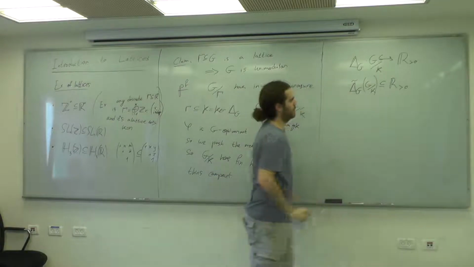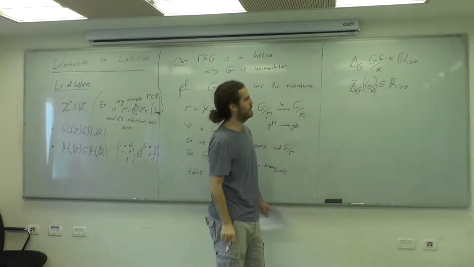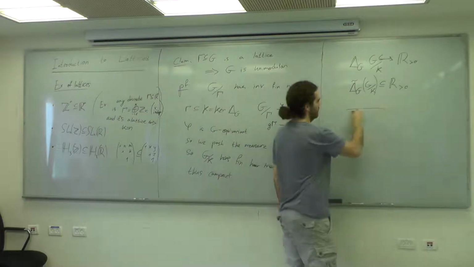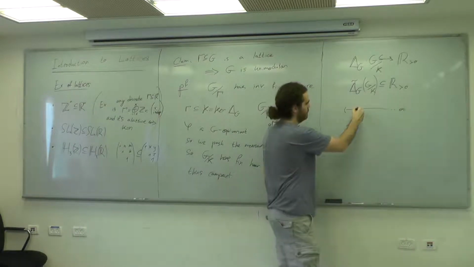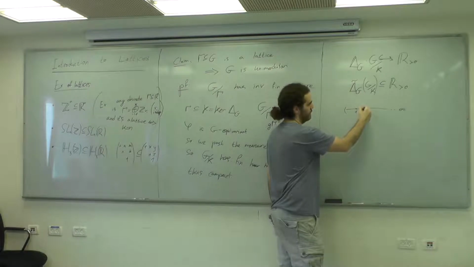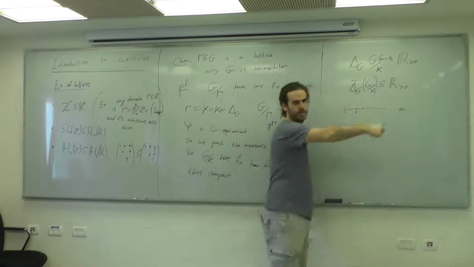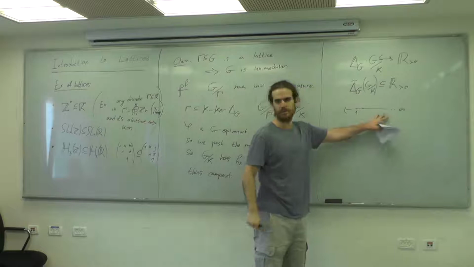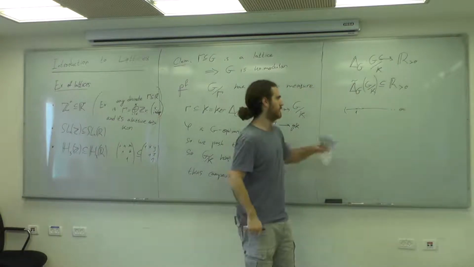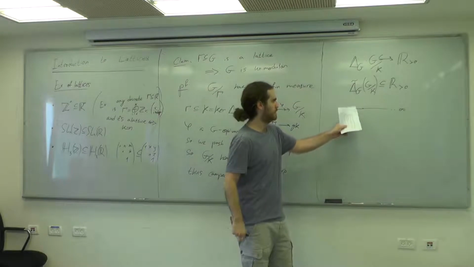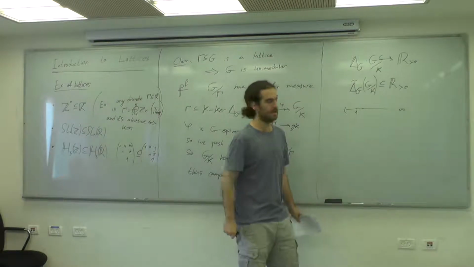Let's think for a moment what the compact subgroups of the real line are. If there is an element different than 1, if it's bigger than 1, you can take iterative powers and it will escape to infinity. If it's smaller than 1, it will escape to 0. In either case, the only compact subgroup is just the identity.